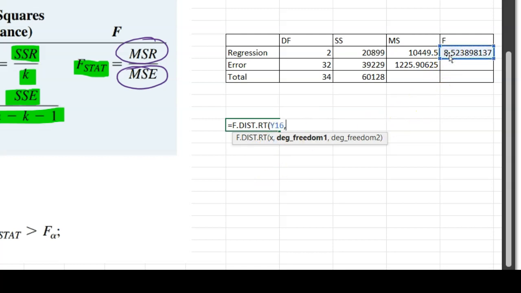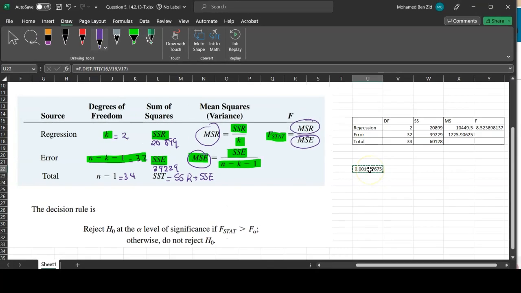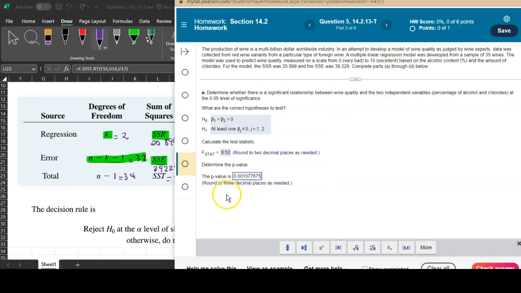Then the degrees of freedom of regression, 2, comma, and then the degrees of freedom of the error, which is 32, close the parenthesis and enter. This is your p-value. Again, copy it and paste it. Then you want to round to 3 decimal places, so that's going to be 0.001.